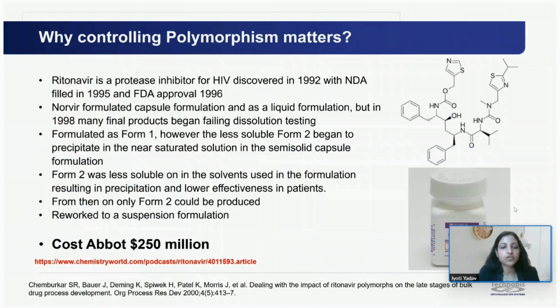So form 2, which was formed later, was less soluble in the solvent used in the formulation, which resulted in lower effectiveness in the patients. That means patients need to take an extra dosage for the same effect with form 2 as compared to form 1. From then on, only form 2 could be produced. So they had to rework the formulation, costing them a lot of money.